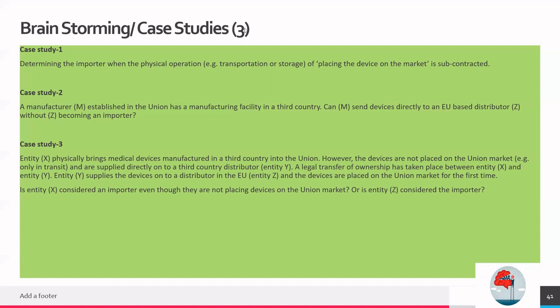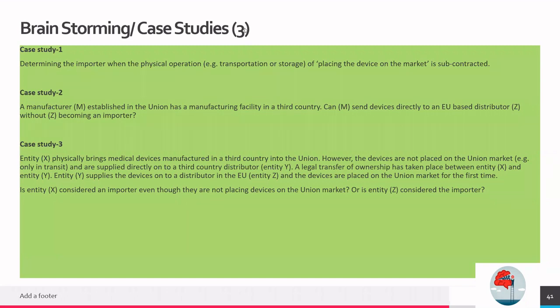Just listen carefully. The question: entity X physically brings medical devices manufactured in a third country into the union. However, the devices are not placed on the union market.